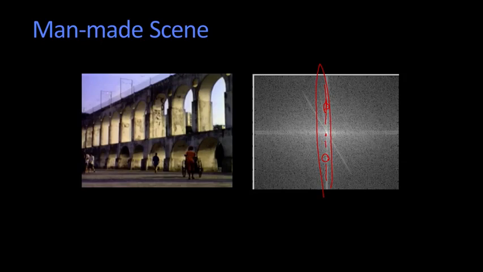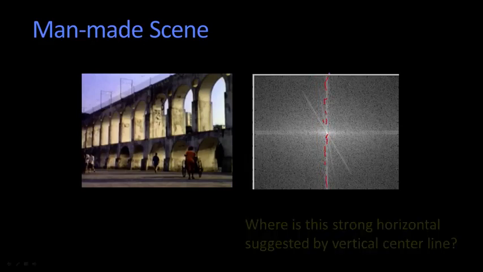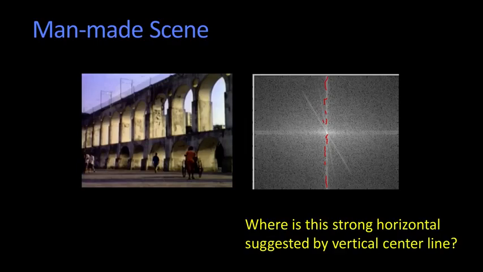If you have a step edge, remember we had a square wave? It had all the frequencies in decreasing power. And what you're seeing is a whole bunch of frequencies in decreasing power coming down. So the question is, where is the strong horizontal edge that's suggested by that vertical line? Remember, a vertical line is all of these frequencies, which means that it's got a horizontal sharp edge.